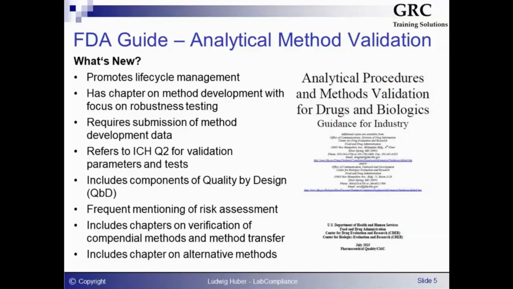It refers to ICH Q2 for validation parameters and tests. That is also very interesting, very important. This guidance document from the FDA is not very specific on what to do and how to test it, what parameters to test, and what the test procedures will be. Now, FDA refers to ICH Q2, which I also consider the golden standard for analytical method validation, and it is really referenced in this FDA guidance.